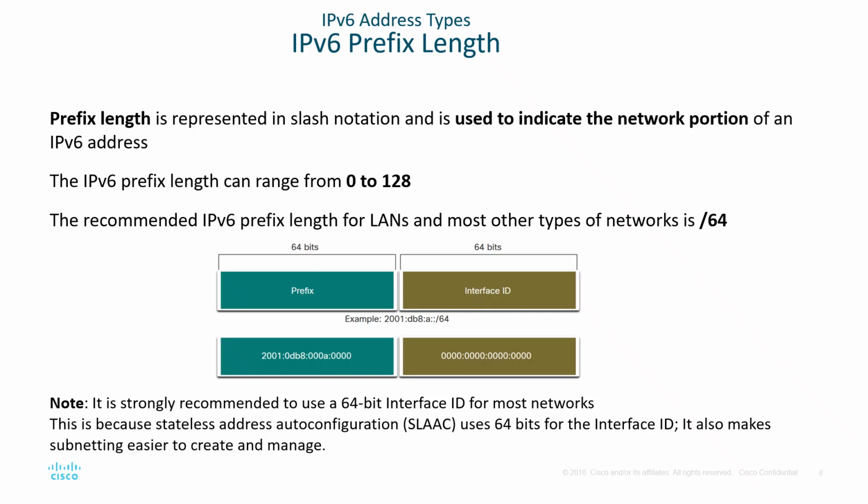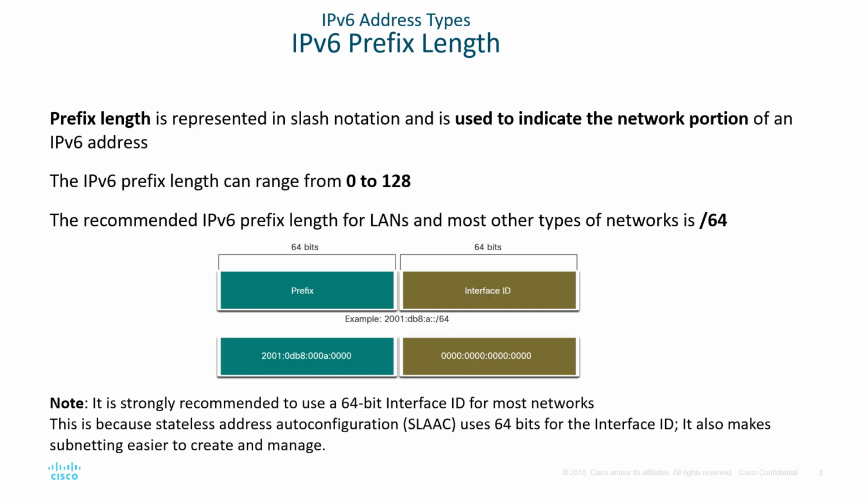So the dynamic of your IPv6 address. What used to be your subnet mask is now referred to as your prefix length. So it is represented still in slash notation, and it is used still to indicate the network portion of an IPv6 address. It can range from 0 to 128. The recommended length for LANs and most other types of networks is a /64.